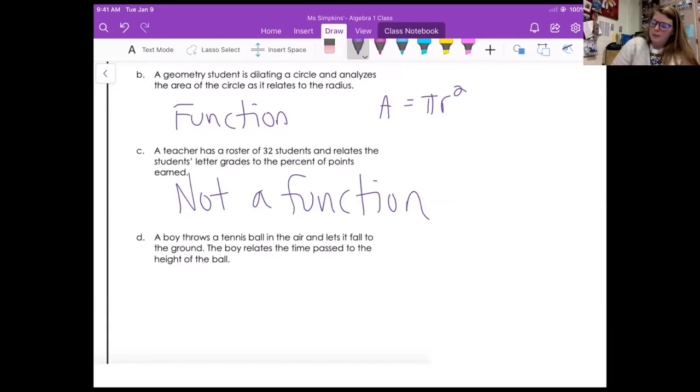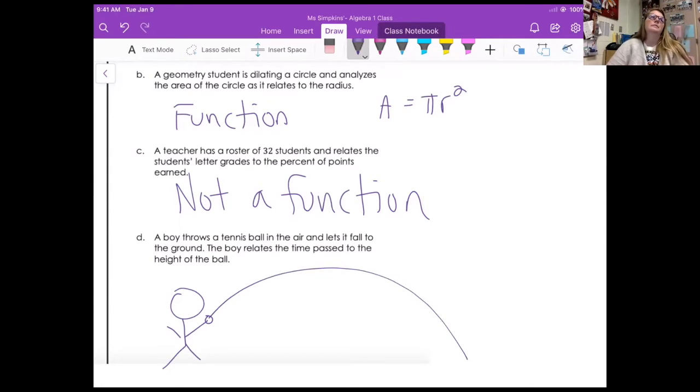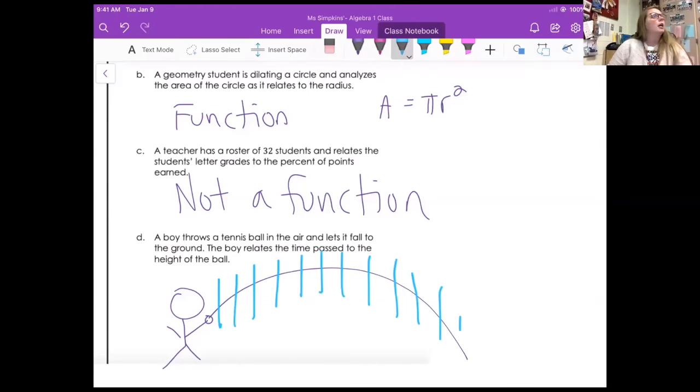Okay, so here's my dude. Okay, here's the tennis ball. Yours may be a little bit more flat, that's fine, but the important part is this: is the curve of how the ball is thrown a function? Yes, because if I took my highlighter and drew a bunch of vertical lines, I would never touch that curve more than once.